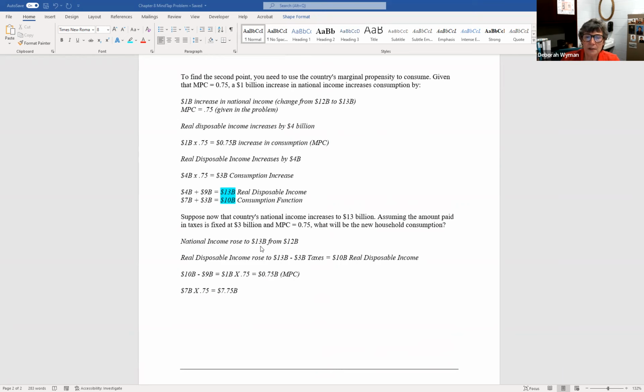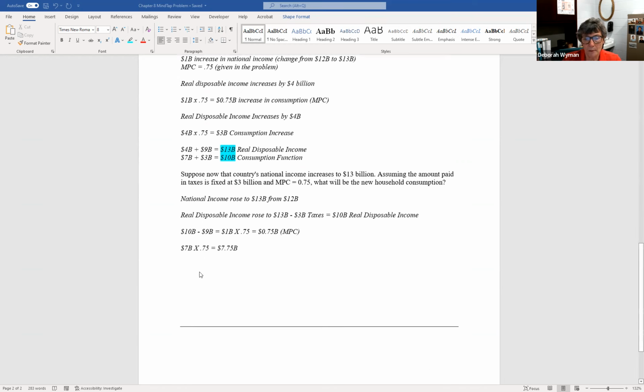So national income rose to 13 billion, real disposable income rose to 13 billion minus 3 billion in taxes, so that's 10 billion in real disposable income. 10 billion minus 9 billion is 1 billion in the change amount, times 0.75 for your consumption function here. 7 billion, which is what it was before, plus 0.75 equals 7.75 billion. So that's how you calculate this for the next part of the problem.